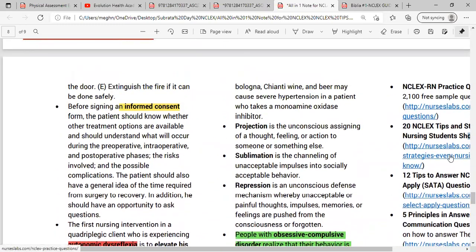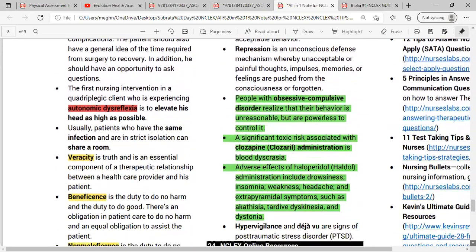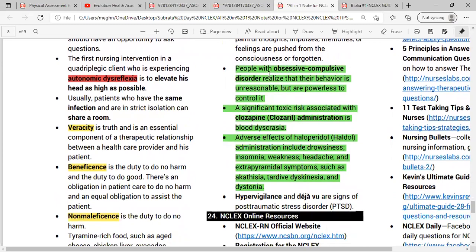So next here, people with obsessive compulsive disorder realize that their behavior is unreasonable but are powerless to control it.